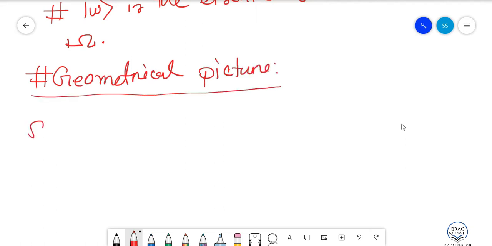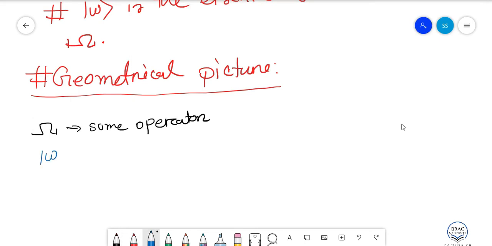So let's say omega will represent some rotation operator, or you know what, let's not take a rotation operator as an example because you might get confused. So omega is some operator, let's say, and I will represent the eigenket in blue color over here, with a small omega.